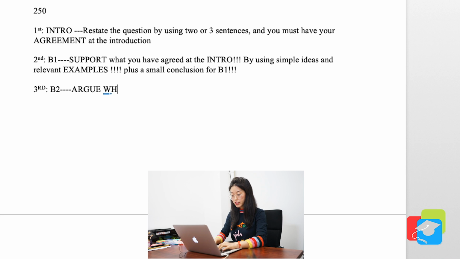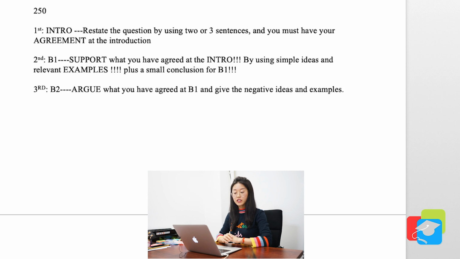Argue what you have agreed at body 1 and give the negative ideas and examples in the body 2 part.